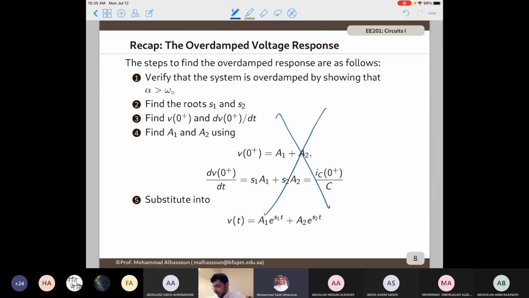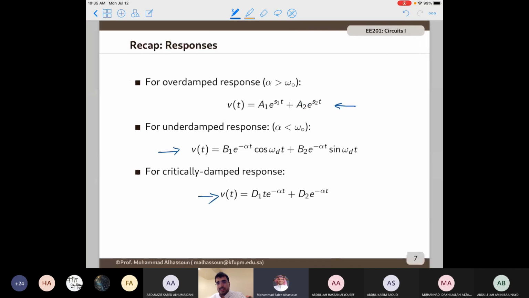Forget about this one. So in the previous lecture, we solved exercises after introducing every type of response; for every type of response, we solved one exercise. In this lecture, we're going to start with one exercise, but we don't know what type of response we have.